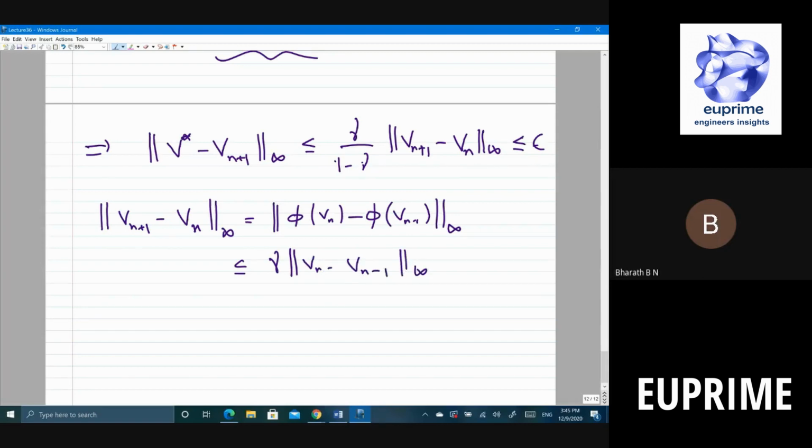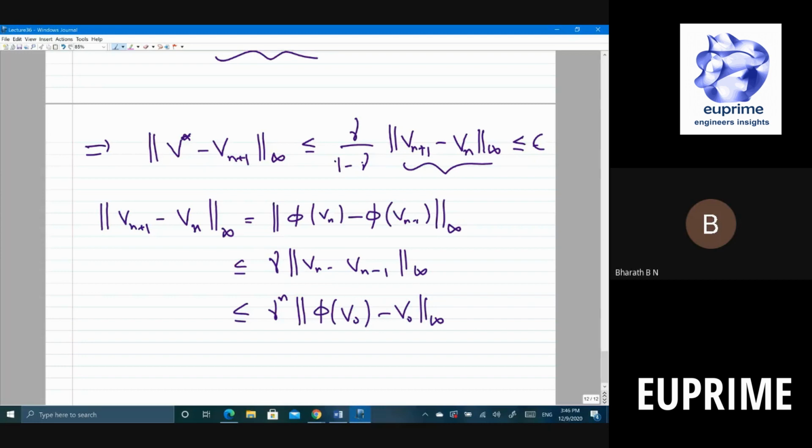And if you keep on doing that, you'll get nu power n times the infinity norm of phi of v0 minus v0, right? So essentially the infinity norm of vn plus 1 minus vn is further bounded by nu power n times this difference, right?